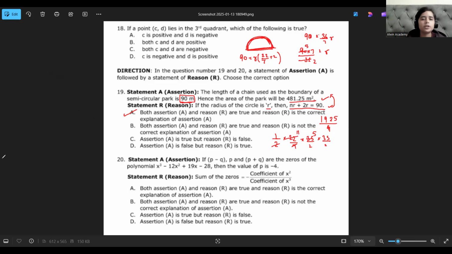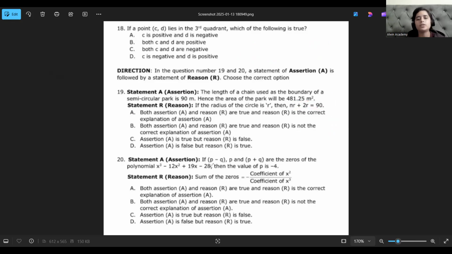Going to the next question, last question. If P minus Q, P and P plus Q are zeros of this particular polynomial, then the value of P is minus 4. Now herein, if I add all of these three zeros, what will I get? Minus Q plus Q will get cancelled. The sum of zeros is 3P. And also the sum of zeros for a cubic polynomial is minus b by a.